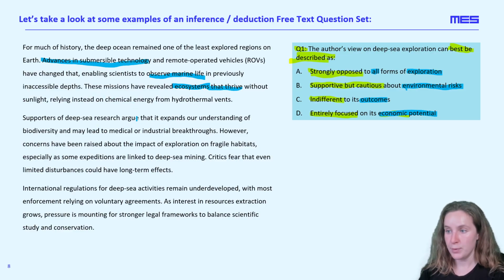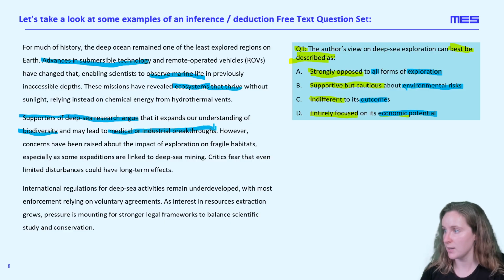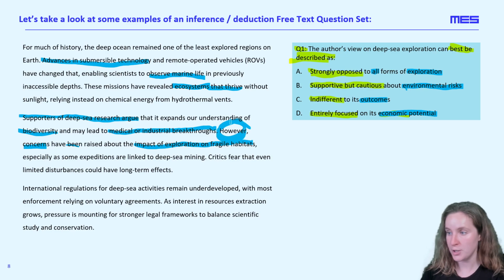We're looking at supporters of deep sea research, biodiversity, medical or industrial breakthroughs. That sounds like kinds of technology or outcomes. However, we're looking at words like concerned being raised about the impact of exploration on fragile habitats. Notice the bridging phrase here, however.